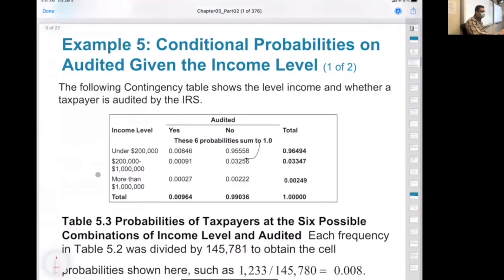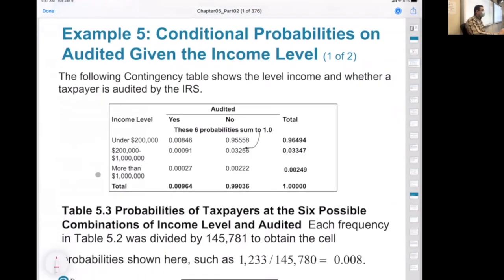For example, suppose we have this contingency table. This contingency table shows the level of income and whether a taxpayer is audited by the IRS. As you can see, you have these levels: under 200,000, from 200,000 to 1 million, and more than 1 million. 3 levels of income.